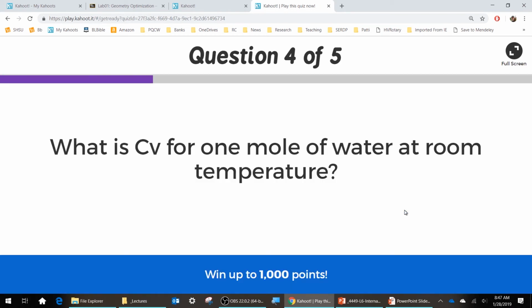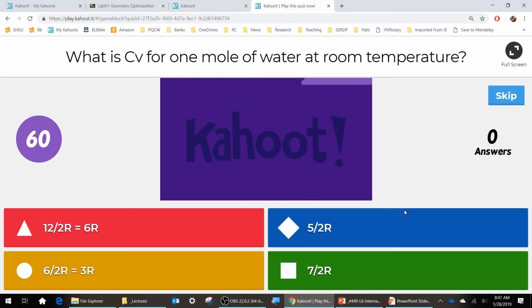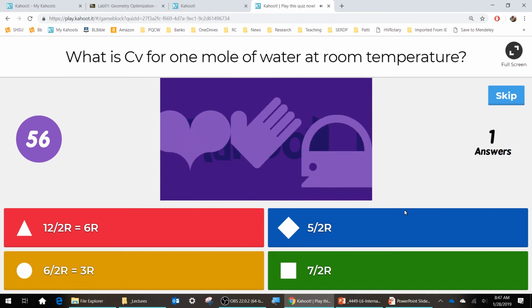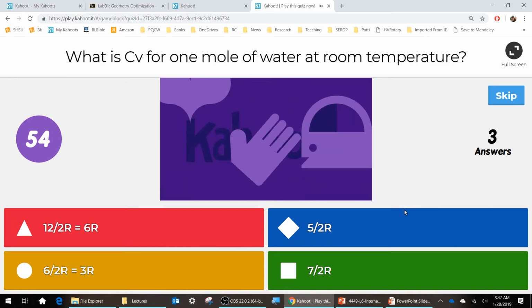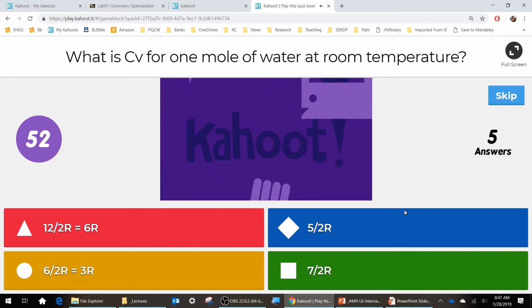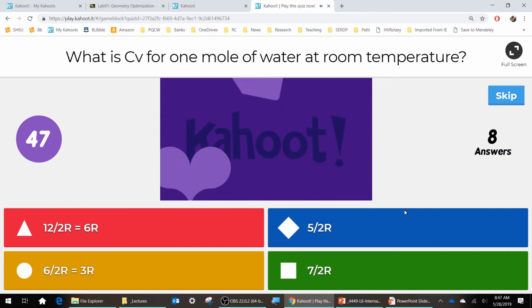Okay, so what's the CV for 1 mole of water at room temperature? The vibrational frequency for the bending modes is 1500 wave numbers, probably a vibrational temperature of over 2000 Kelvin.